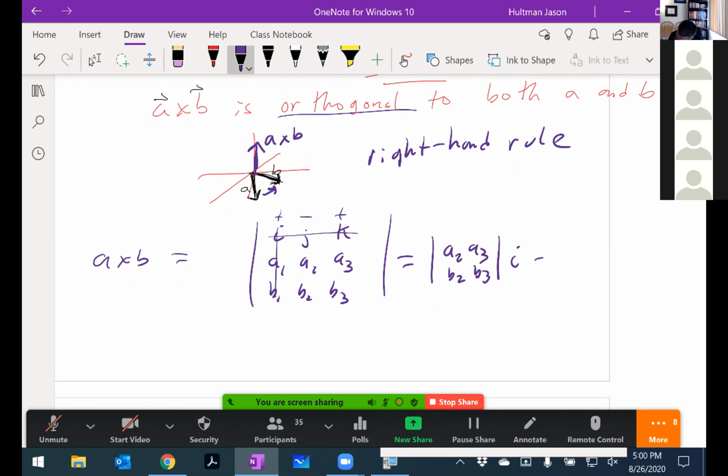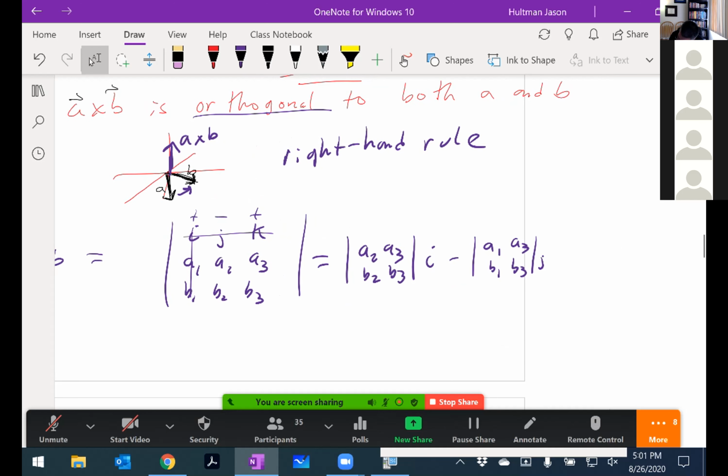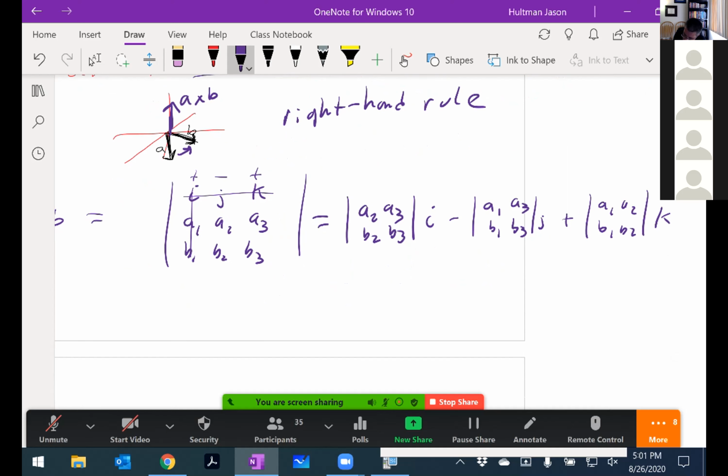So this is minus the determinant of A1, A3, B1, B3 times J, plus the determinant of A1, A2, B1, B2 times K. So as you can see, this is going to give me the exact same thing we got before: A2 B3 minus A3 B2 times I, which is my first component. And then subsequently, it's going to get the same thing.